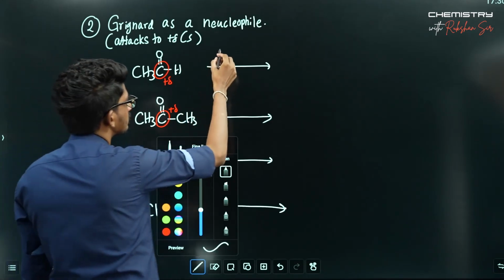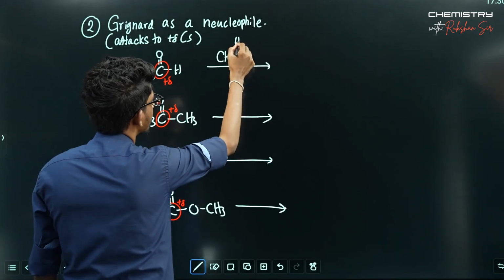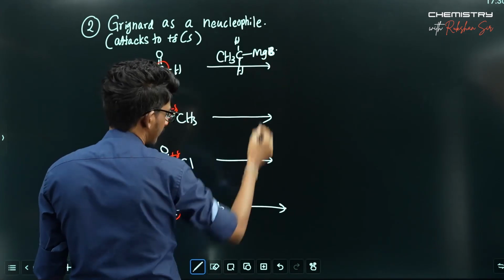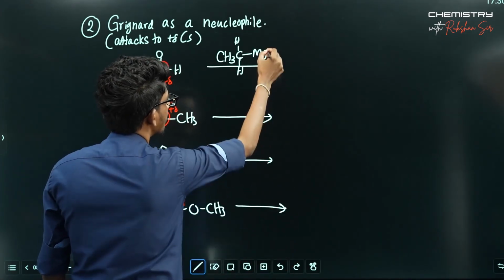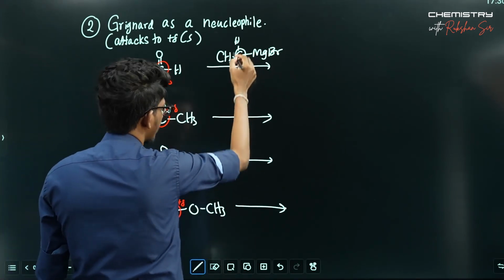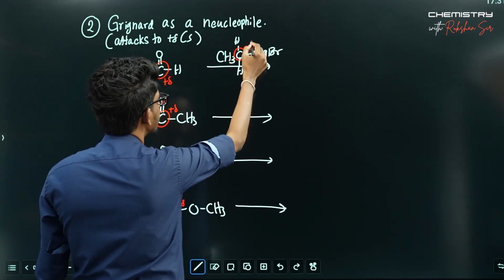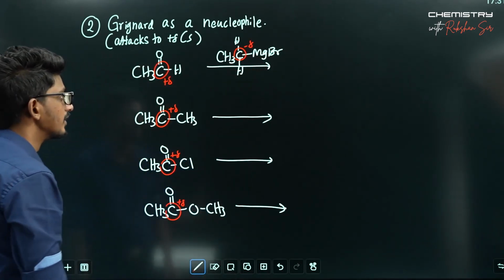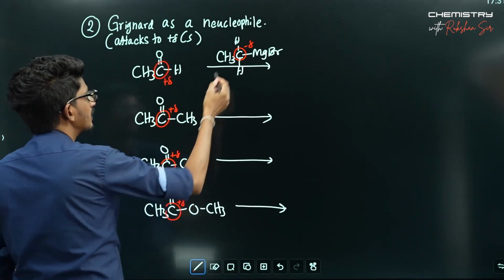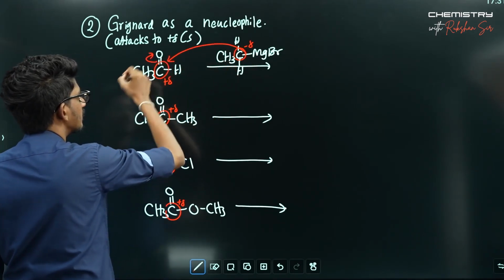See, you are using this Grignard reagent. As this carbon is negative in your Grignard reagent, as the electrons of the C-Mg bond are coming towards the carbon, this will attack using these two electrons. That will attack here.